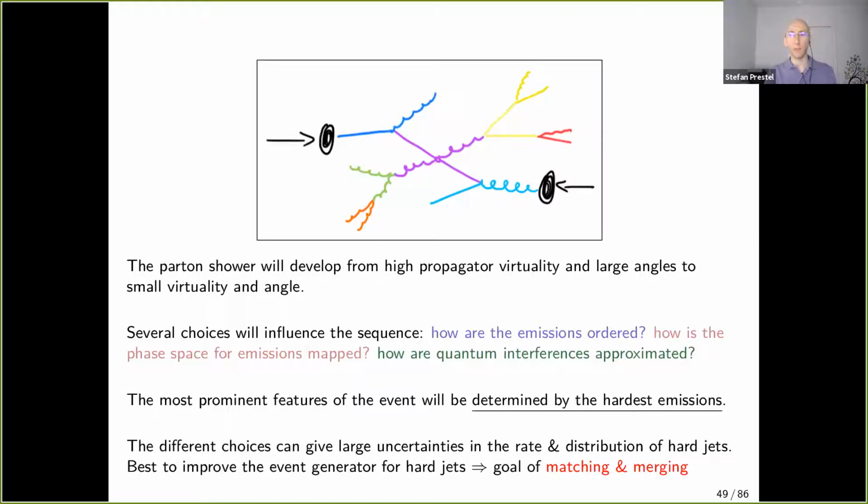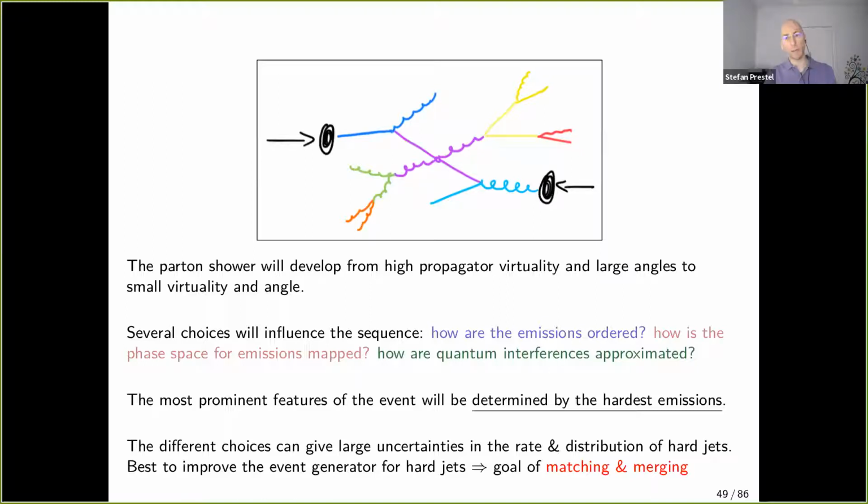The next choice is how do you map the phase space of emissions, meaning if you have produced a state with on-shell four-momenta, all particles have their right p squared equals m squared. If you now branch a single particle and produce new particles, all of these particles should again have p squared equals m squared.